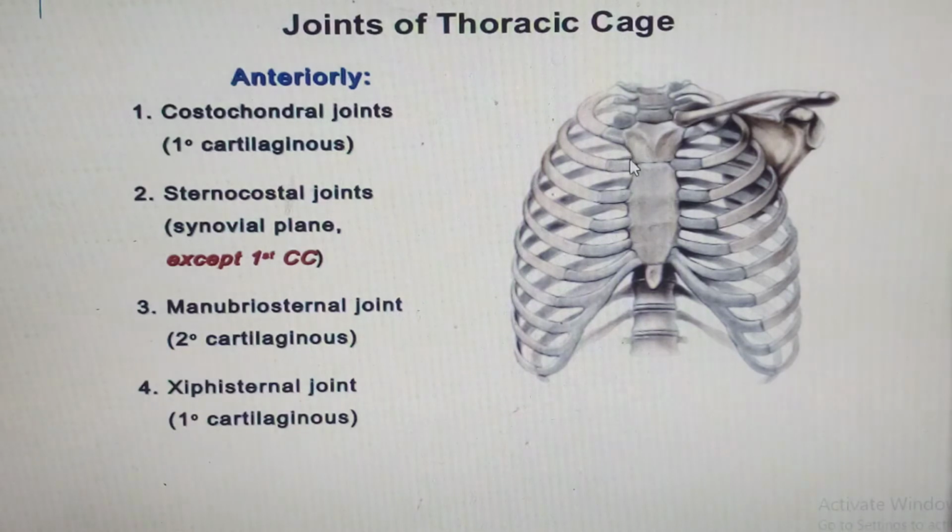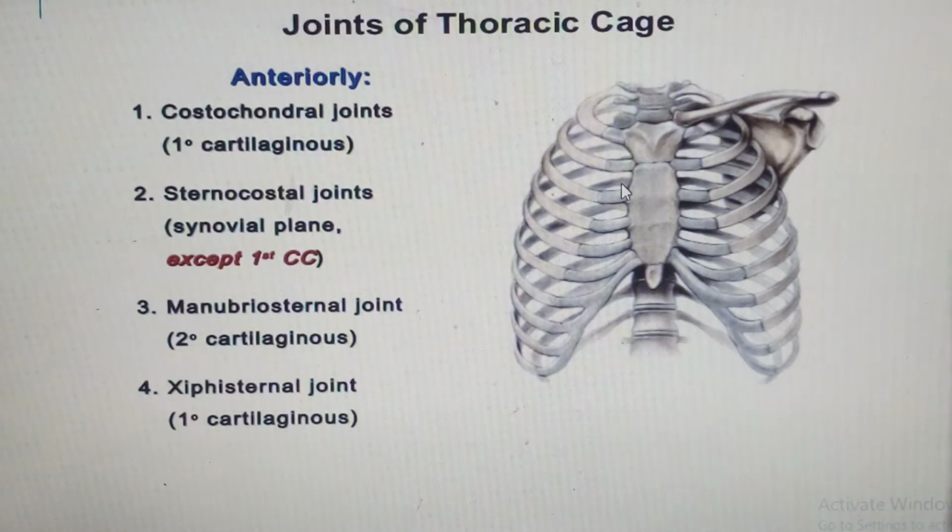Then the medial aspects of these costal cartilages and the sternum is what you call the sternocostal or sternochondral joint. Those from 2 to 7 are plain synovial joints, but the first one is made of hyaline, and therefore is a primary cartilaginous joint, permitting no movement.